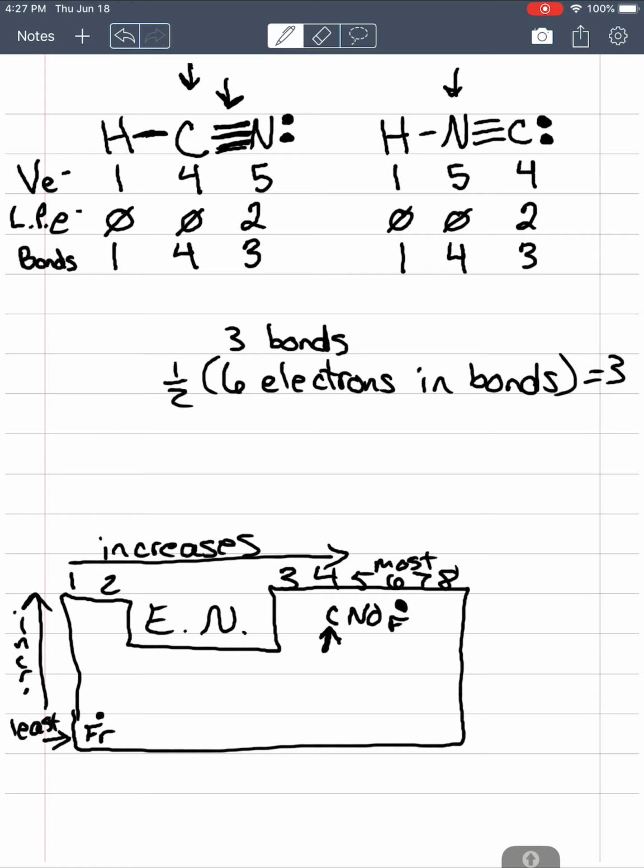So the formula for that is that we're going to take the valence electrons minus the lone pair electrons minus the bonds.